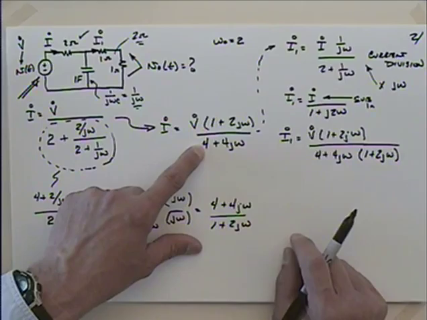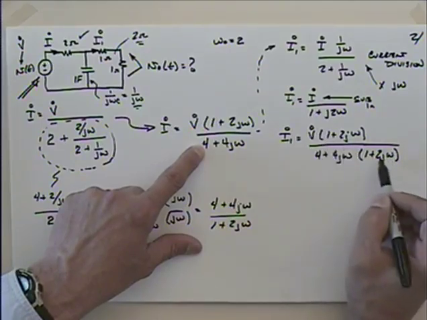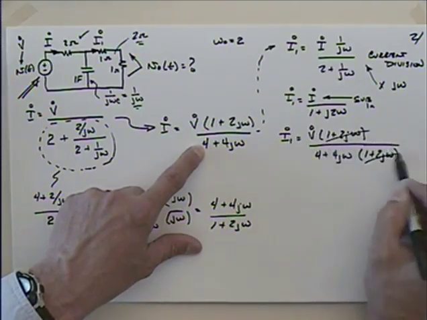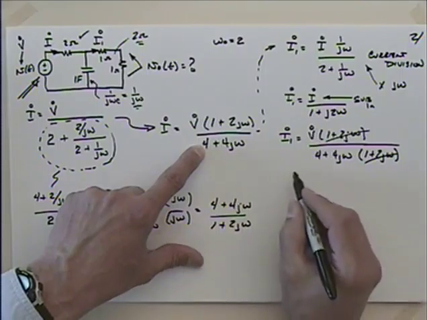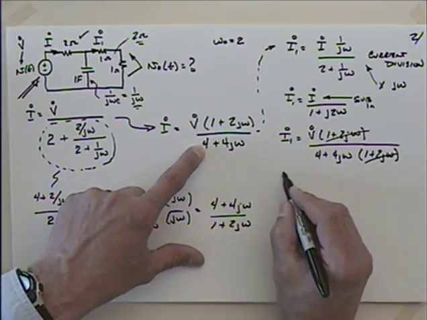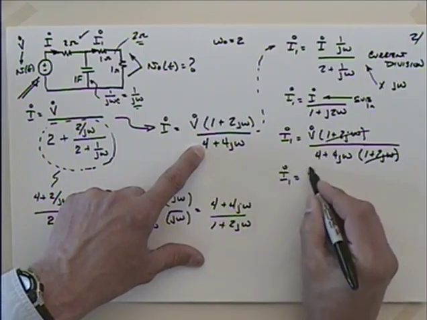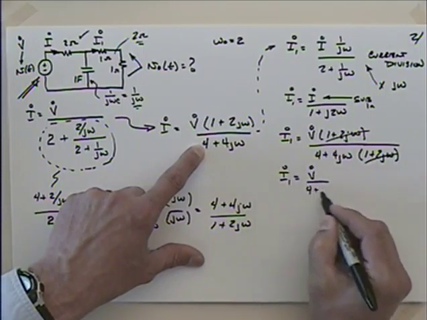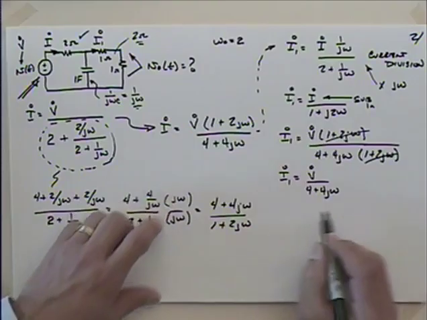Okay. No, we lucked out there. Isn't this the same as that? So I get to cancel that out. So I've got down that I1 is V divided by 4 plus 4j omega.